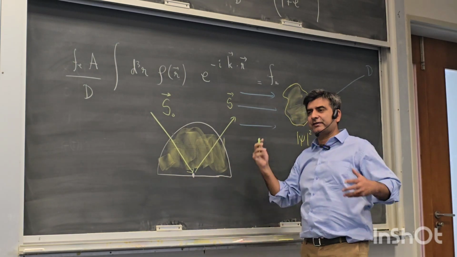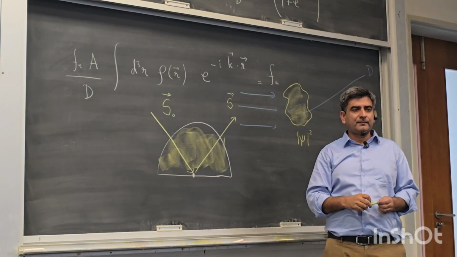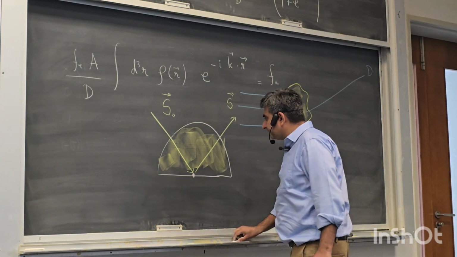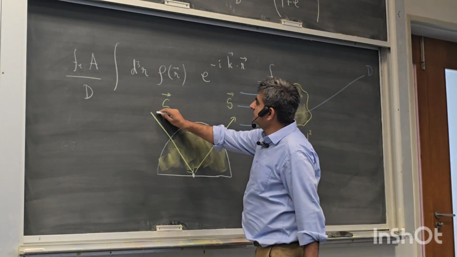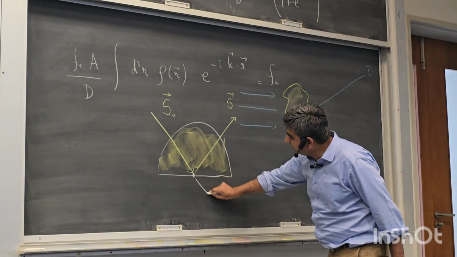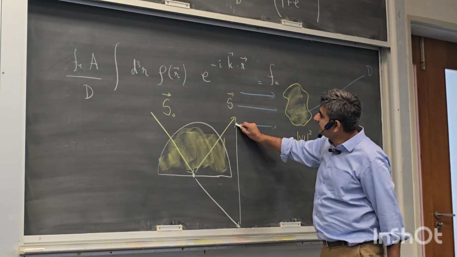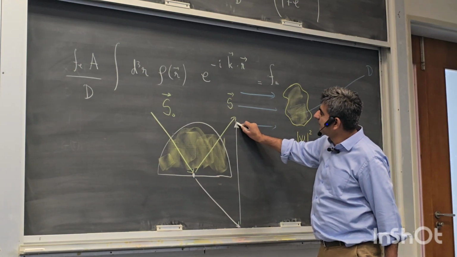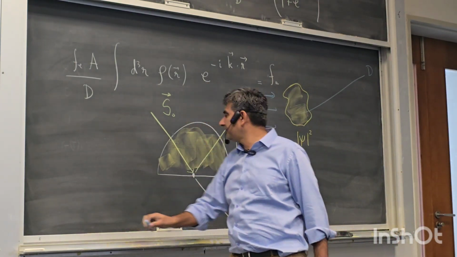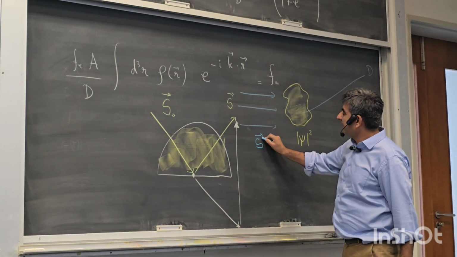S is another unit vector in the direction of the scattered wave. If I extend this S naught here, then this vector that I've drawn here is S minus S naught.